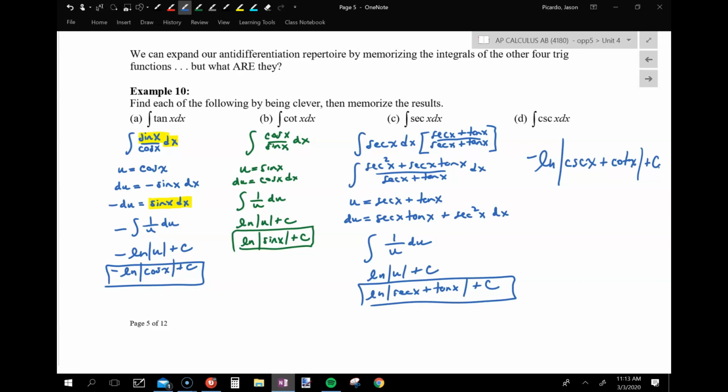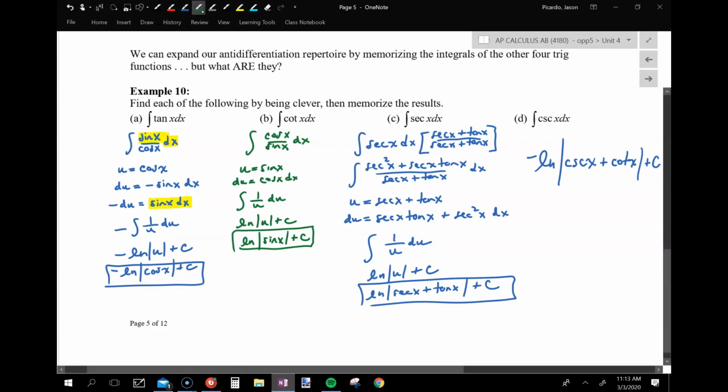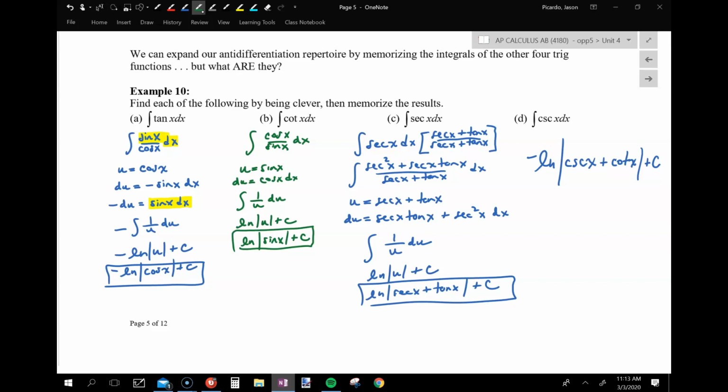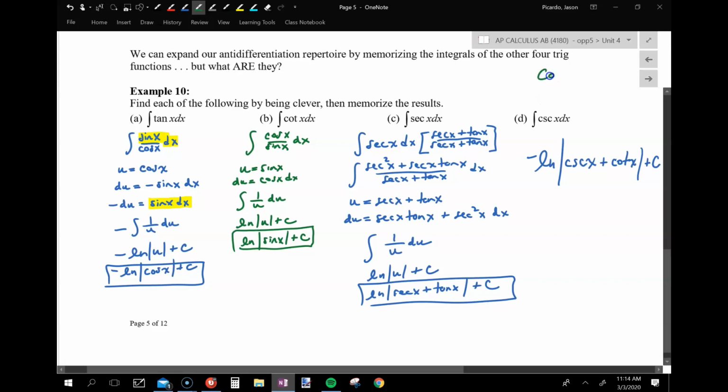Secant of x plus tan of x over secant of x plus tan of x. What was that for? What got multiplied by? Oh, I see what you're saying. For this one it was cosecant of x plus cotangent of x.